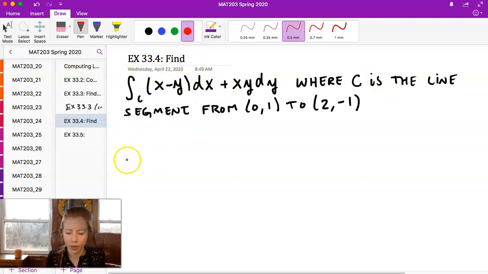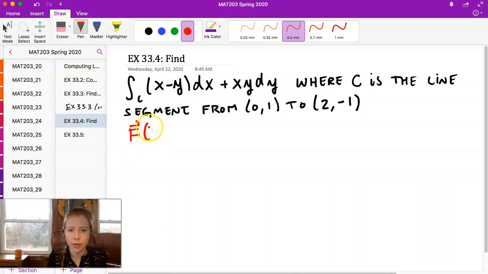So now what we're seeing here is going to be our field, our vector field as a function of space. So that's telling us that F is equal to x minus y i hat plus xy j hat.